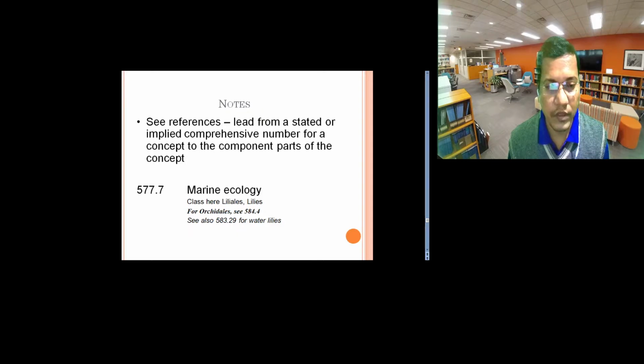See also 583.29 for water lilies. That means when you find the number for marine ecology, the particular class number also refers you to a see or see also reference. That's why it is the see or see also reference note.